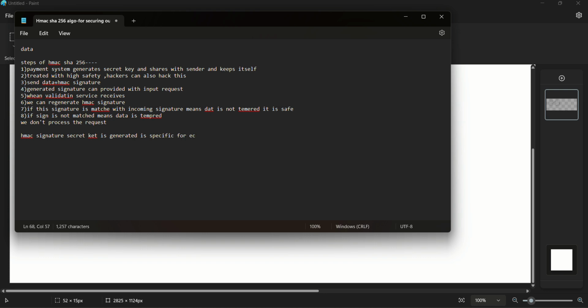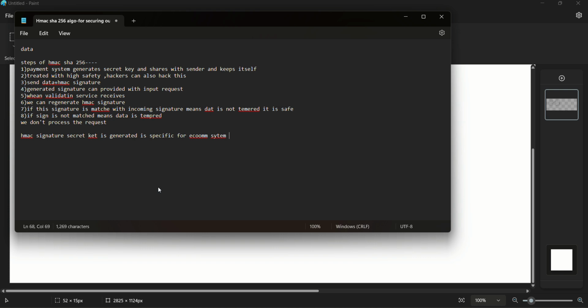It cannot be generated for everyone. When the signatures match, then we can rely that it was generated only by that specific e-commerce system.